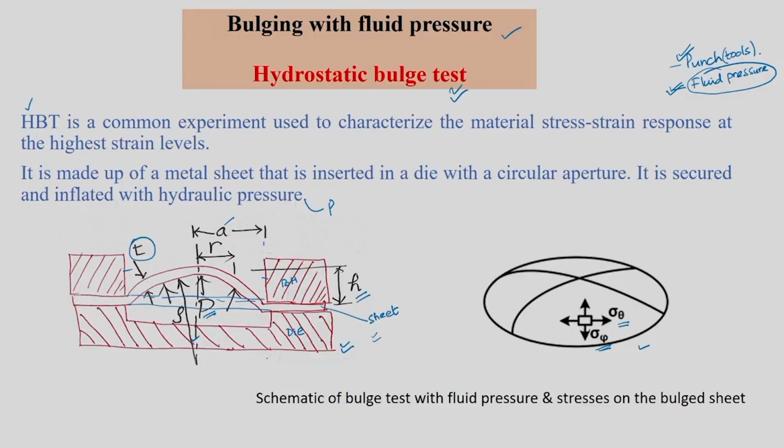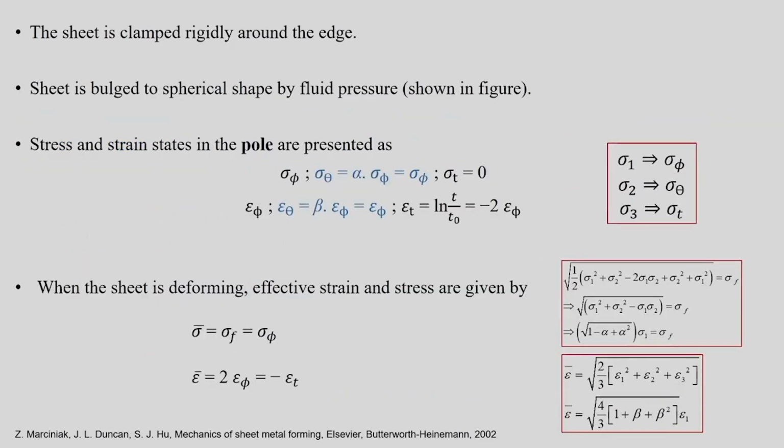A similar one you can see in this direction as compared to sigma theta, and sigma 3 is always there, perpendicular to the sheet, otherwise sigma t. These are the stresses acting on any element in this deformation zone, the A zone on both the sides. The sheet is bulged to a spherical shape by a fluid pressure.